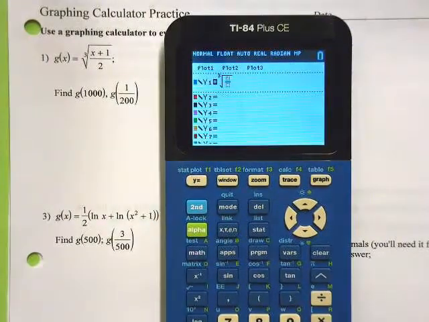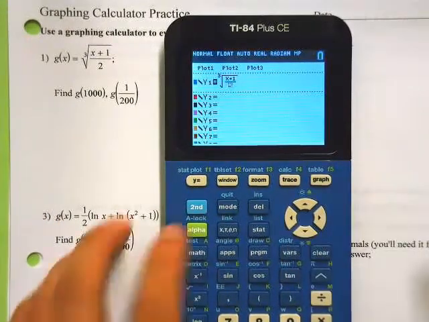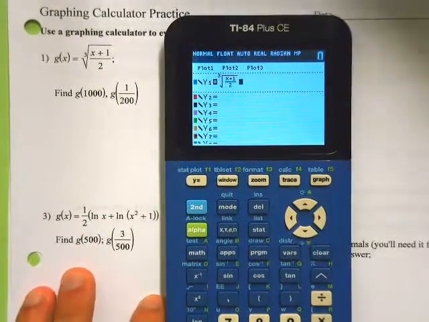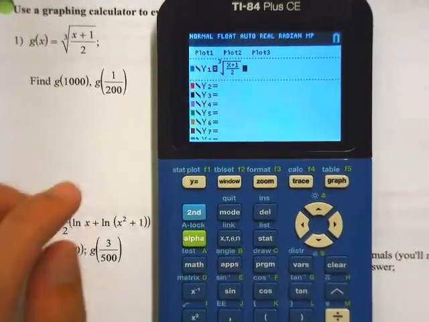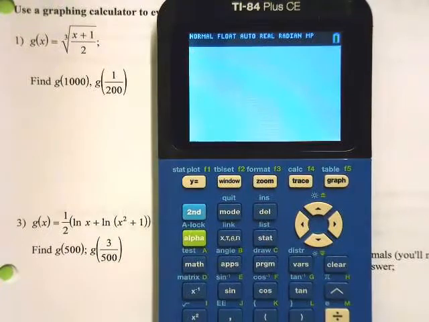Am I forgetting all my Greek letters? Yes, I am. So let's do x plus 1, and then you have 2 over here. You can hit the right cursor key, though you don't even have to. I think this is fine. Then second, quit to go back to calculation mode.